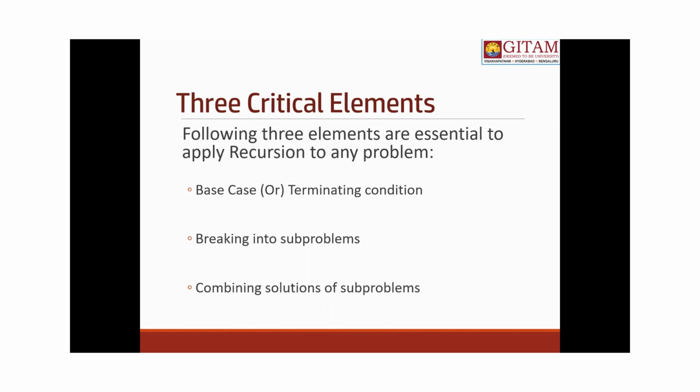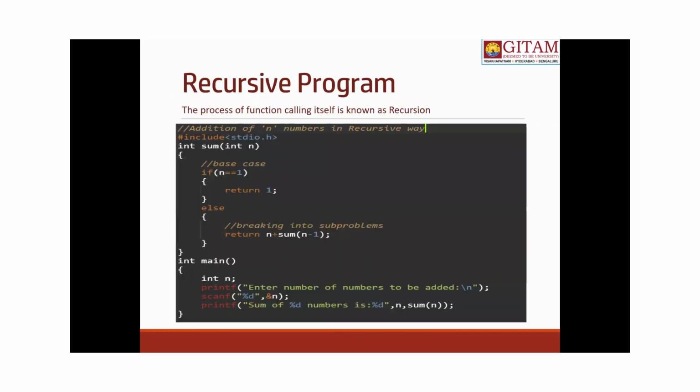These are the 3 critical elements to apply recursion. This slide gives a complete picture of how a recursive program looks. If we know the base case and the recursive statement, which divides the problem into subproblems, a recursion program is very easy to implement.